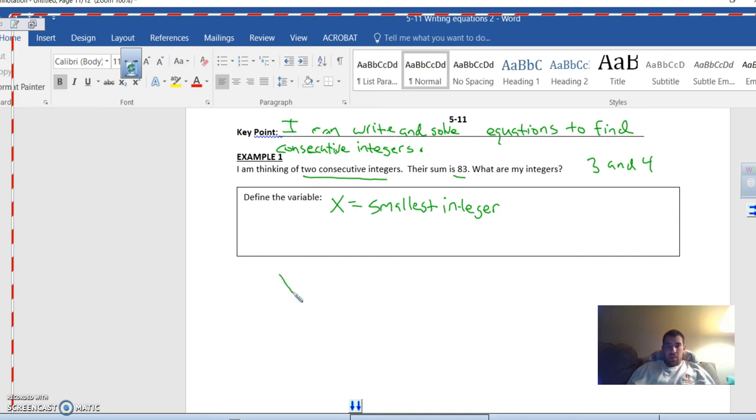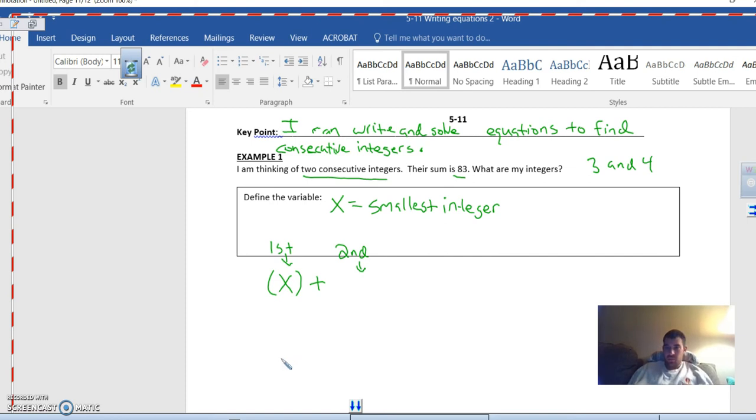So, if x is the smallest integer, now I'm starting to work on the equation. If x is the smallest integer of the consecutive, that's our first integer. If they're consecutive, what would be the next integer compared to x, compared to the first? Because this is my first integer, x. So what would be the second integer?